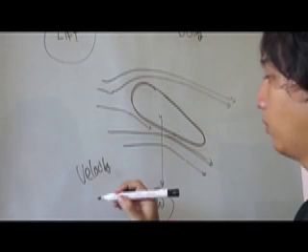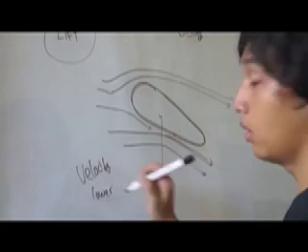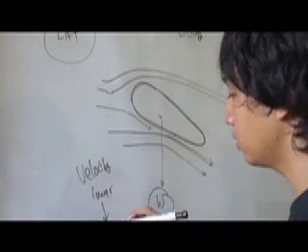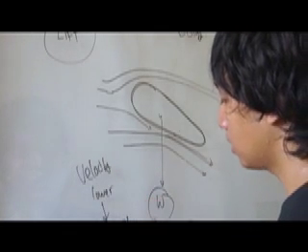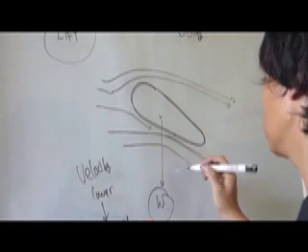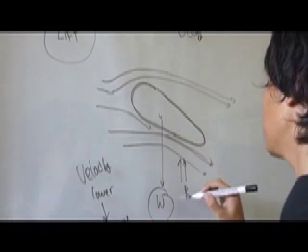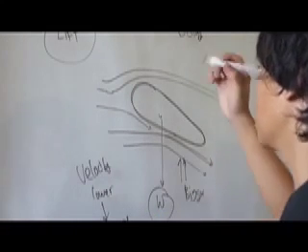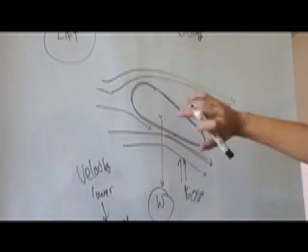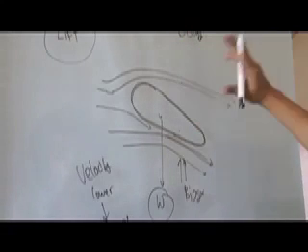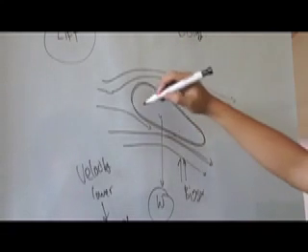So velocity becomes lower. When the velocity is lower, the pressure is higher. So the bottom part of the airfoil has bigger pressure than the upper part. Bigger pressure means bigger force, right? Because it has the same area.